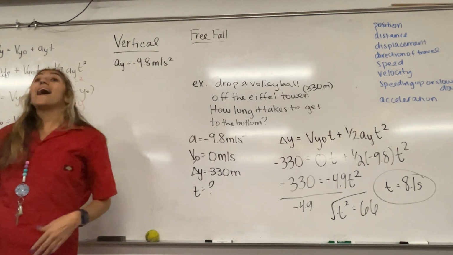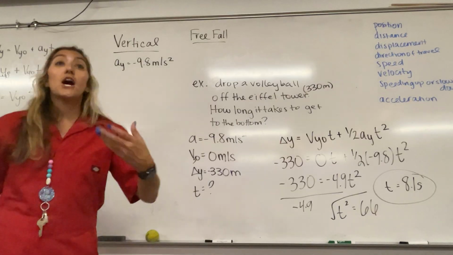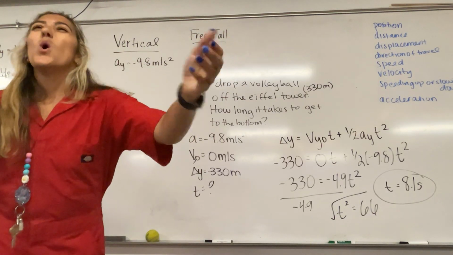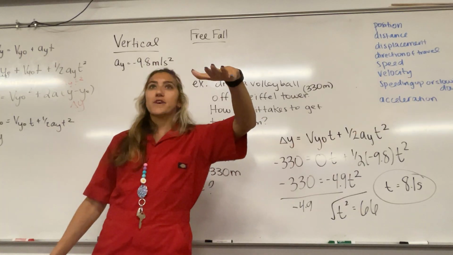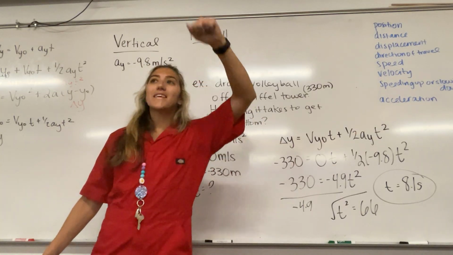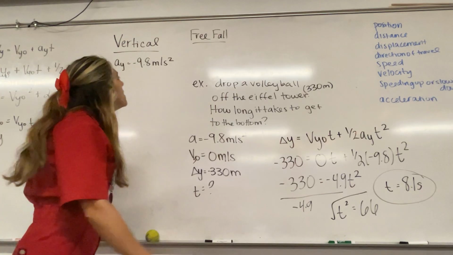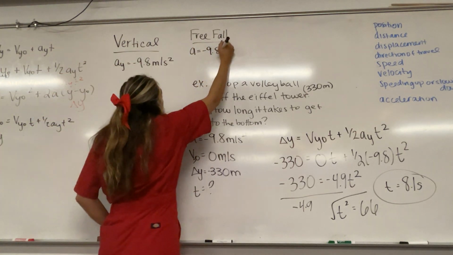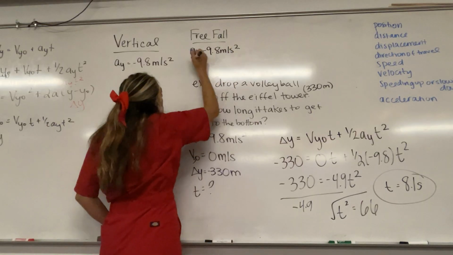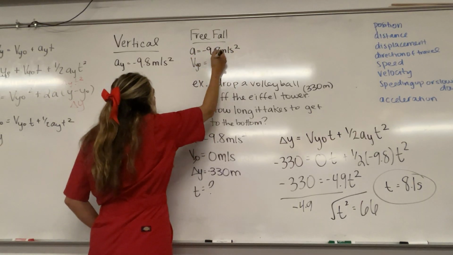It's denoted by either the question saying, this object's in free fall, or more likely it says it's dropped. Dropped is a key word you're looking for. If I say dropped, it means I didn't give it that initial velocity. So in free fall, I still know acceleration, and I also know initial velocity.